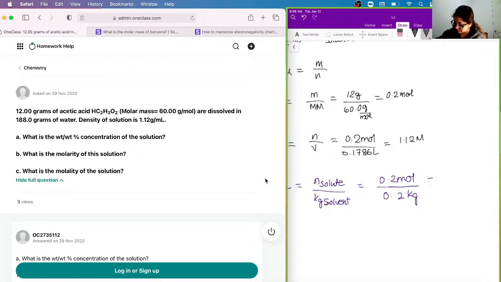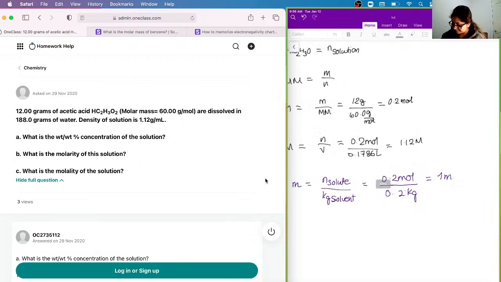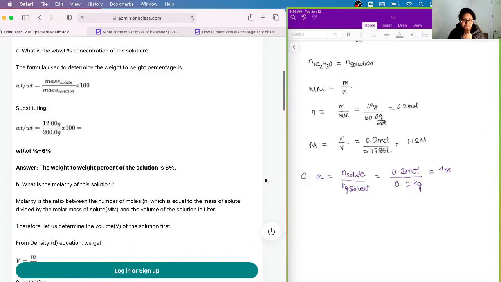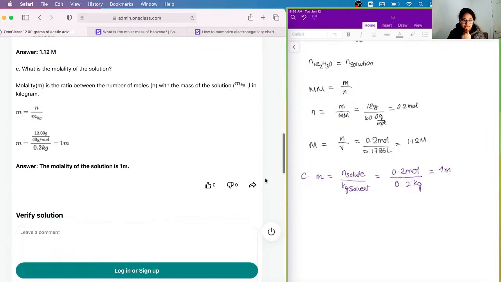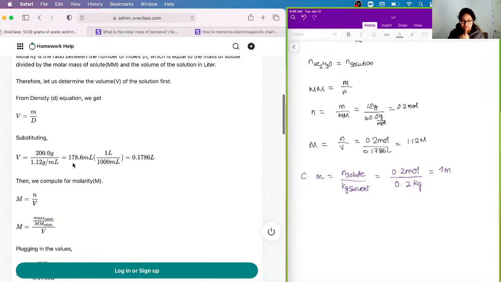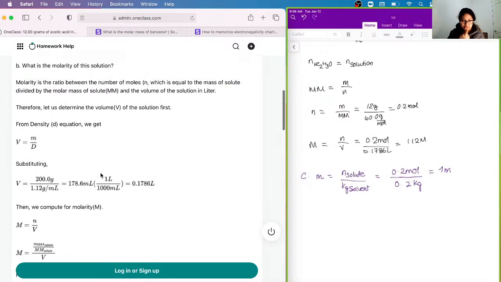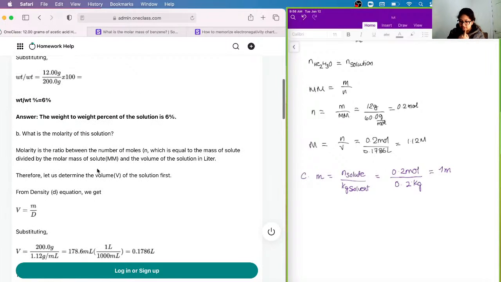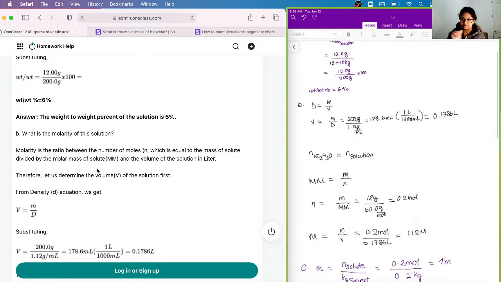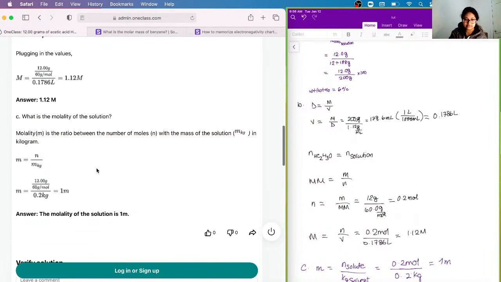And so this would equal 1 molar. Okay, and so the molality of the solution is 1. This is how you do this question. We got 6%, right? Yeah, so the solution here is correct.